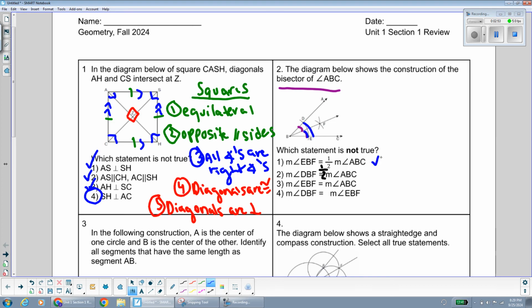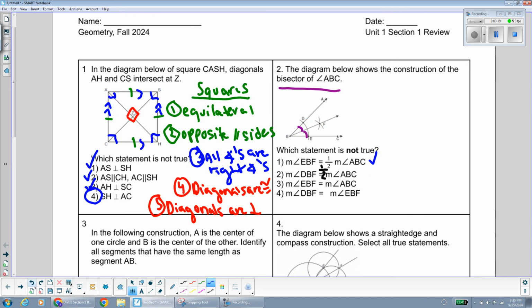So that's true. Let's reset. Angle DBF, this one, is half of angle ABC. This is half of the whole angle. So that's true.